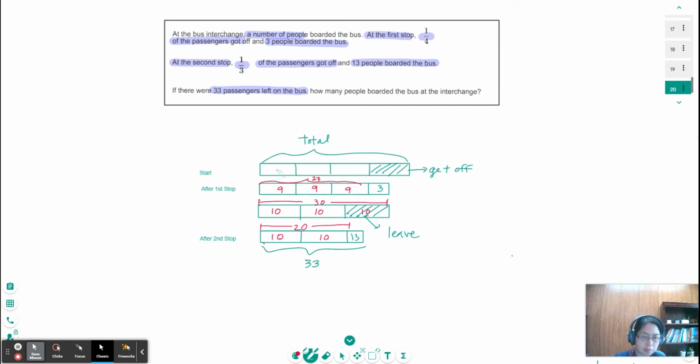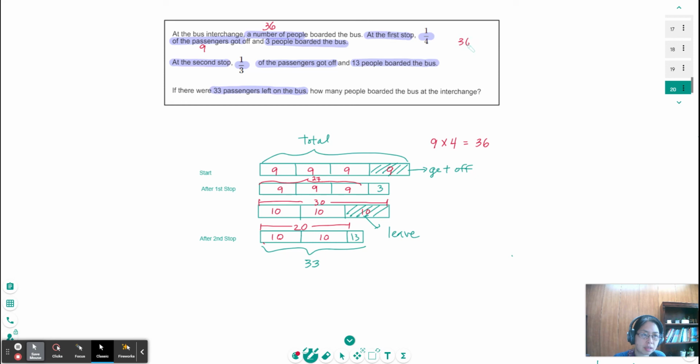And going back to the very beginning, if we fill in all those boxes, that's 1, 2, 3, 4. So 9 times 4 is 36. So in the very beginning, there were 36 people who boarded the bus. If 1/4 left, then 9 people got off the bus.